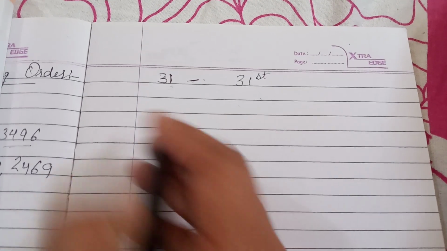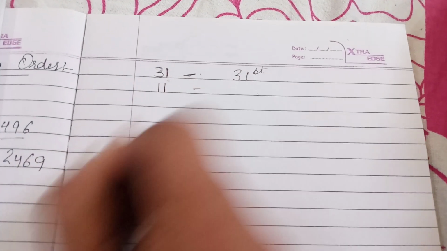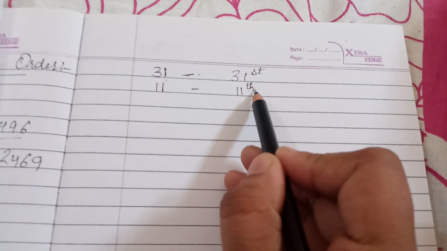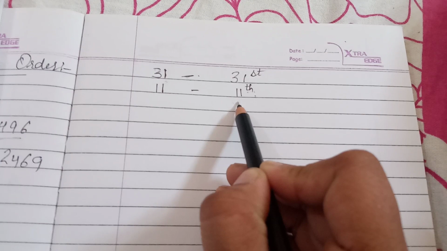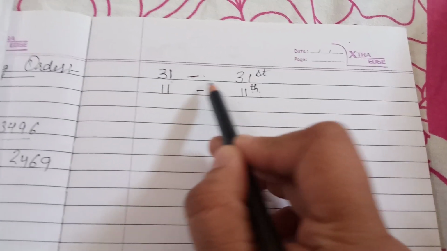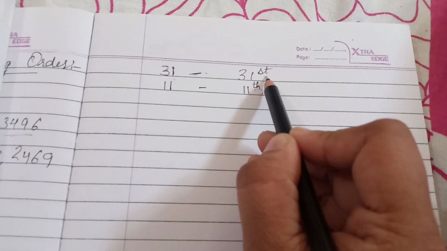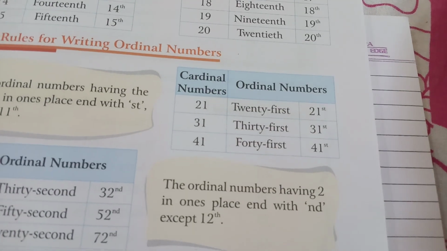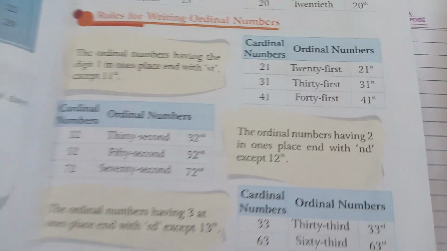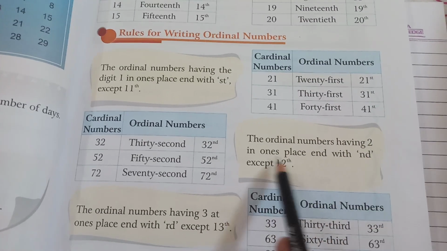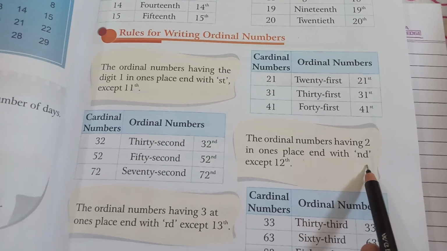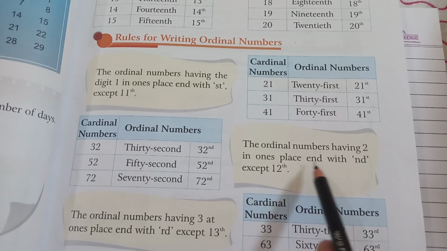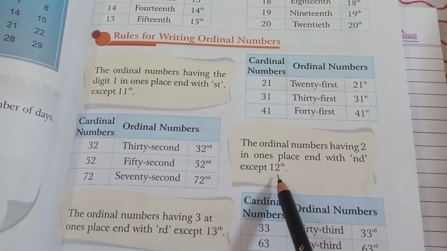Except 11. The ordinal number of 11 will be 11th. We will write th for the ordinal number of 11, but we always write st for ordinal number of 21, 31, 41, 51, etc. In the next rule, the ordinal numbers having 2 in one's place end with nd, except 12th.